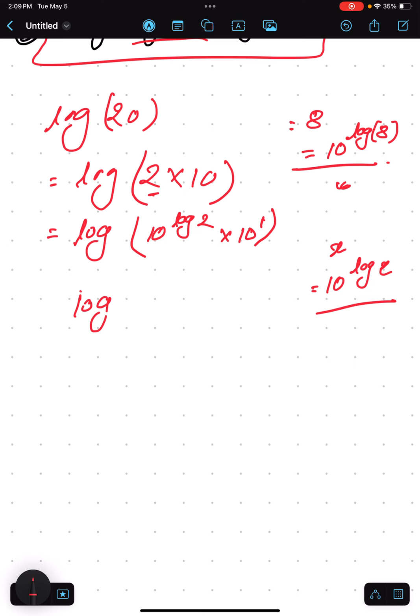Law of indices means if x^a times x^b, then in indices it becomes x^(a+b). Similarly, we have the base same 10 and the power is different, so we can write 10 to the power log 2 plus 1, right?